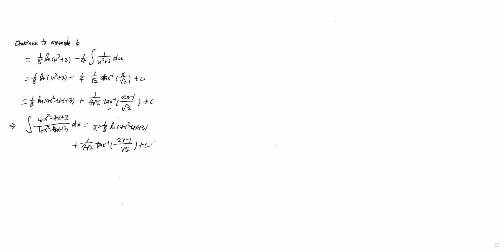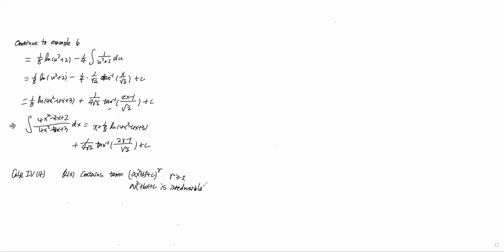Okay, let's continue to our next case. I think it's case 4. For this, Q(x) contains a term like (ax squared plus bx plus c) with a power greater than or equal to 2, and ax squared plus bx plus c is irreducible.